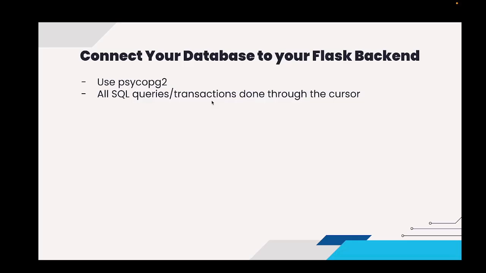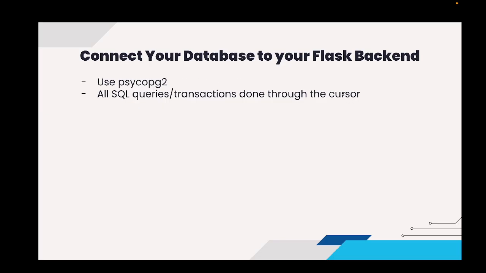Okay, so now we want to connect to our database from our Flask backend. We're going to do that using what's called an adapter. So Python and Flask cannot just natively talk to Postgres. So we're going to use a library called psycopg2 in order to connect it to our app. And then once we have that connection, we're going to set up what's called a cursor.